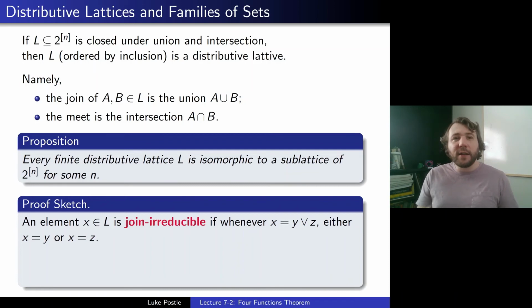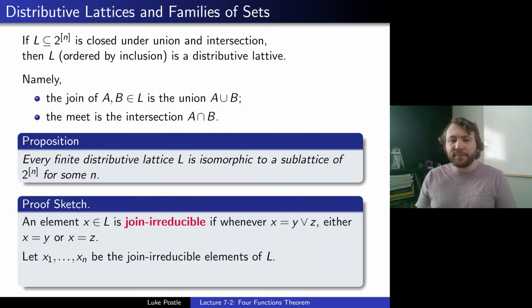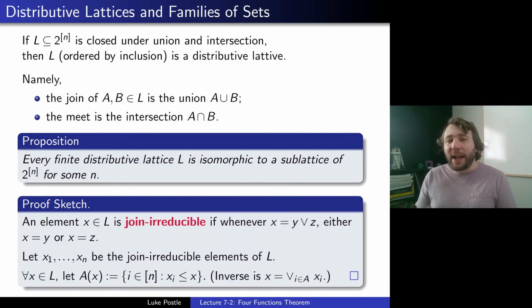So if you can't break x down into two actually somewhat smaller elements, then we say it's join irreducible. If not, then you could reduce it to the join of two smaller things. But now if you take all the join irreducible elements in the lattice, and you let x1, ..., xn be those join irreducible elements of L, you can get a mapping that's an isomorphism to a sublattice of 2 to the n.